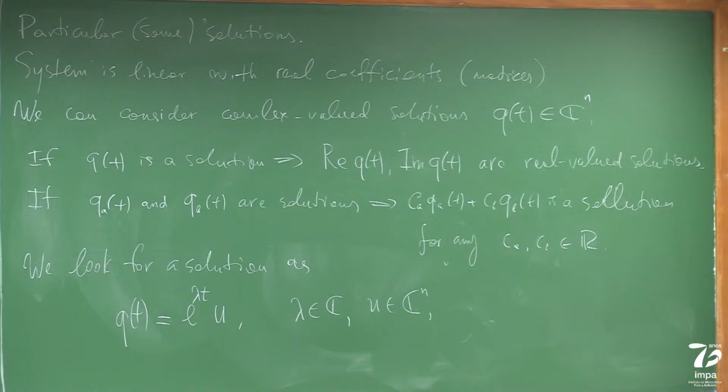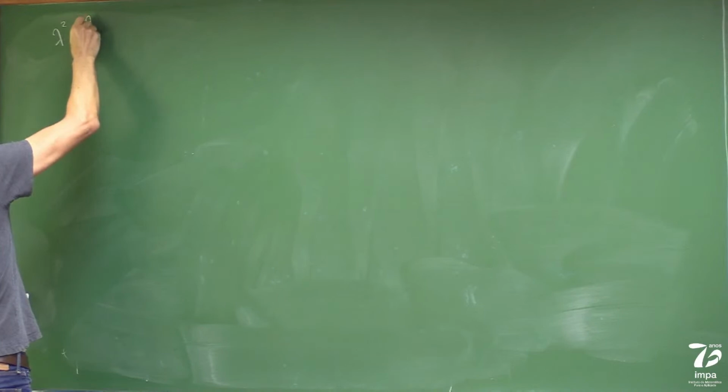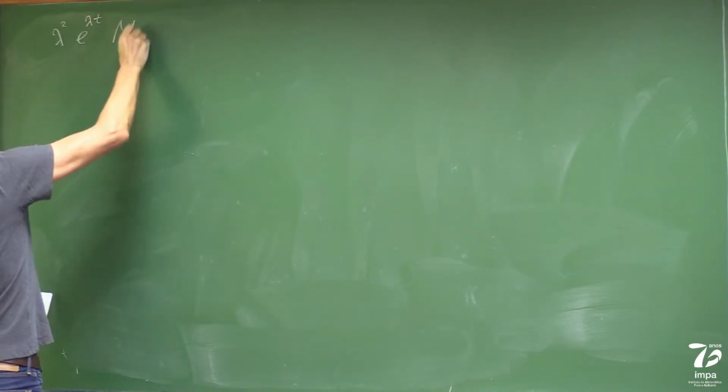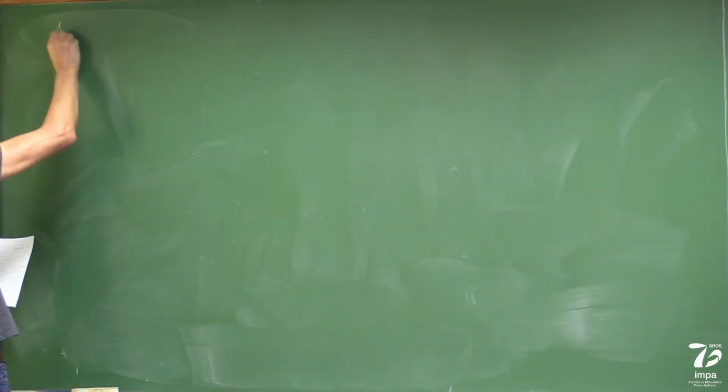Okay. So what happens? Every derivative takes lambda out of the exponent, right? So what you get is M by the second derivative.